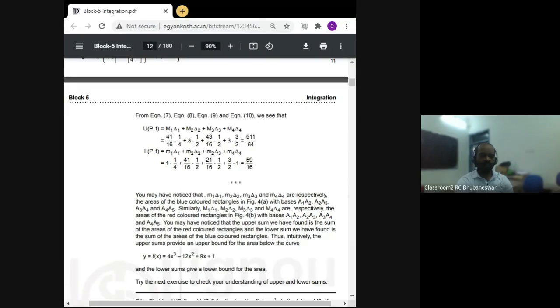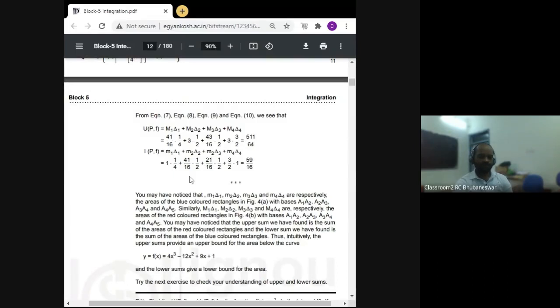Clearly, as we have four subintervals, there are four terms in the addition. The first one is capital M1 delta 1, capital M2 delta 2, and in this way the last one is capital M4 delta 4. Using all the values from the previous calculation, you finally get the value of the upper Darboux sum, that is U(P, f) = 511/64.